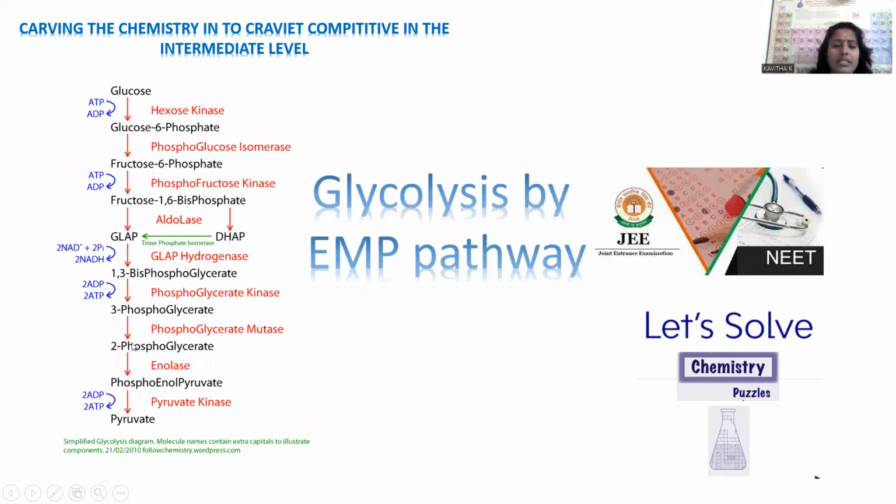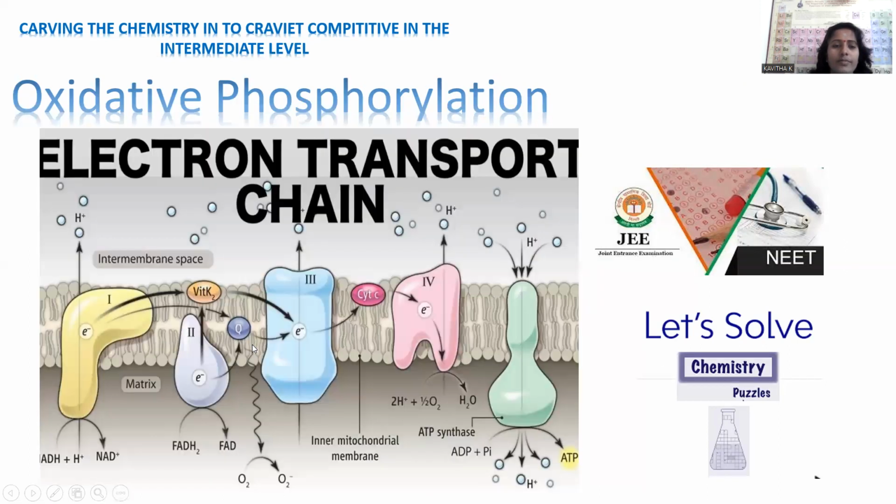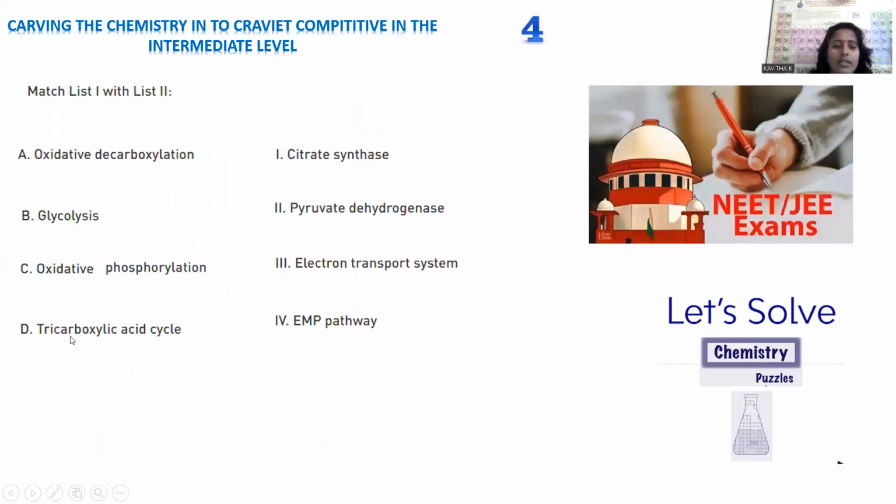And let's see D. D is given as the tricarboxylic acid cycle, right? This is the cycle where the citric acid pathway proceeds. So for option D, the tricarboxylic acid cycle, you can map it with citrate synthase, right?